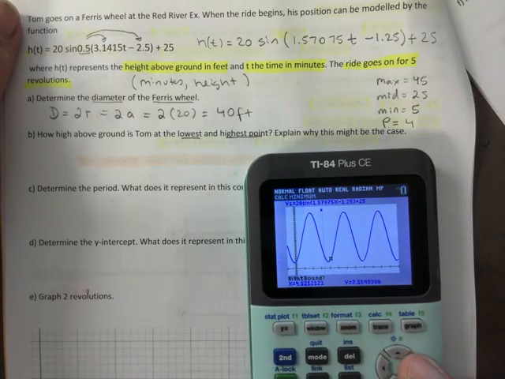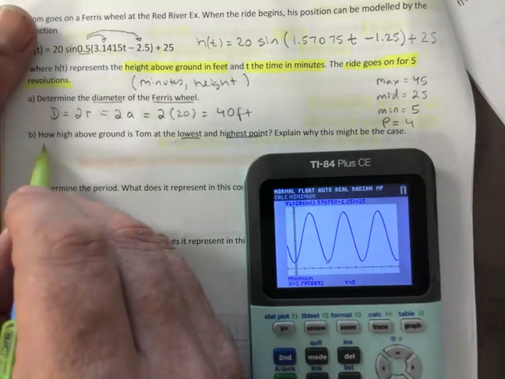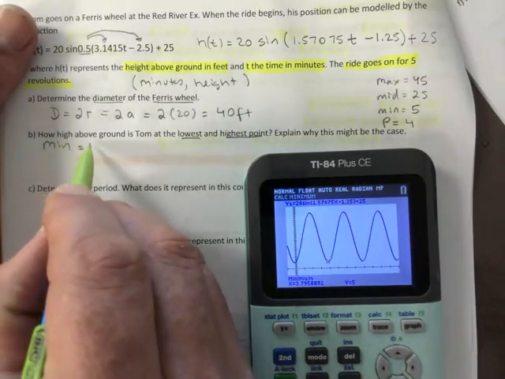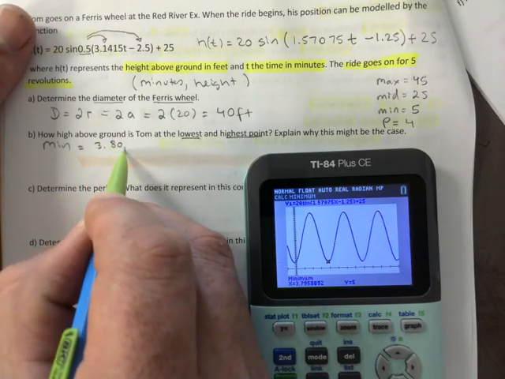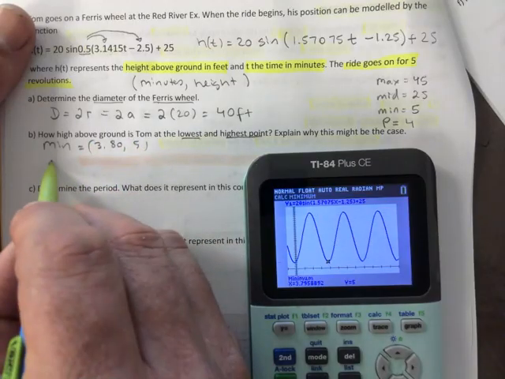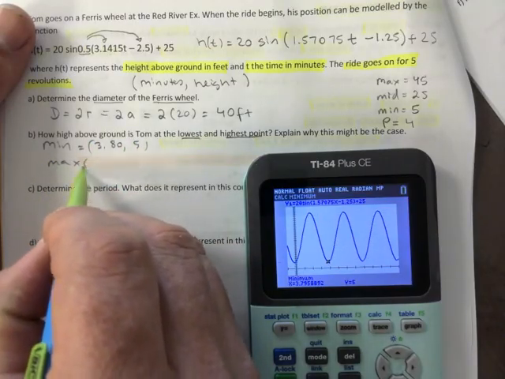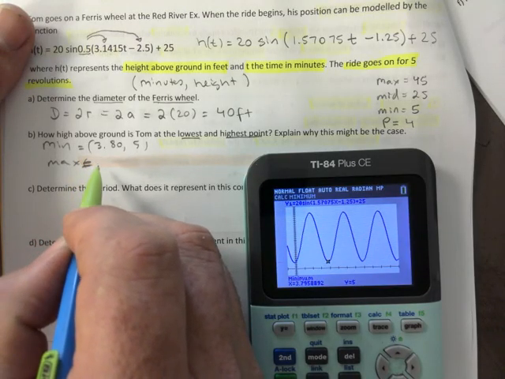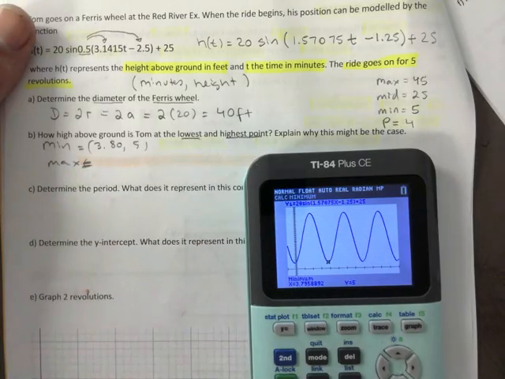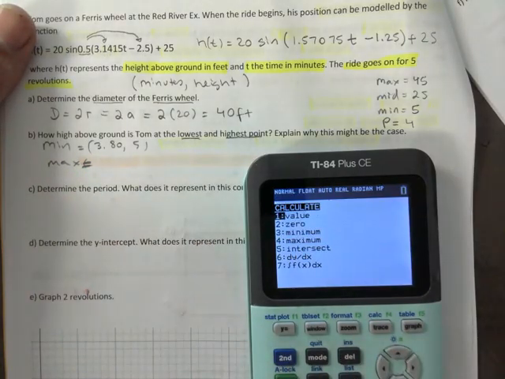You can do it the other method too, where you draw your horizontal line at the minimum. So the minimum is 3.85, and the max, I don't even need to do this, I know, I just realized, but I'm going to find that anyway. Second trace, max.